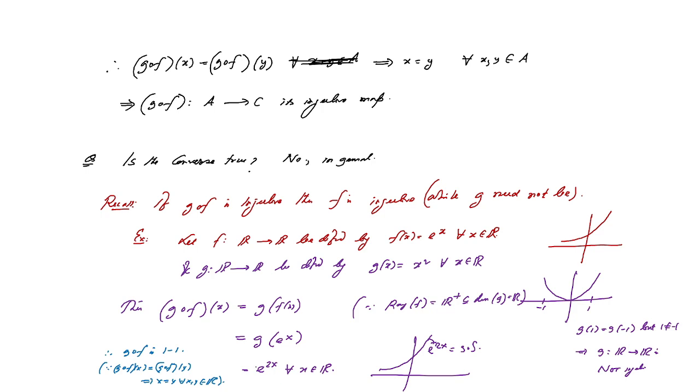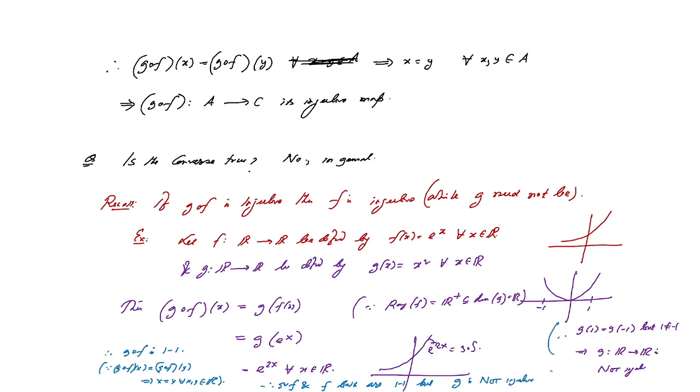So it is injective. But you will see here, f is injective, but g is not injective. So g composed f and f are both injective, but g is not injective.